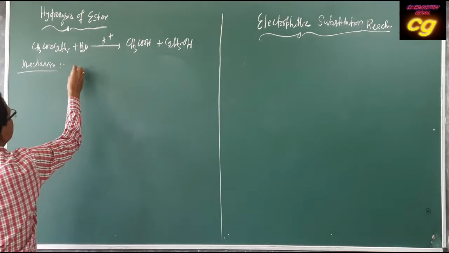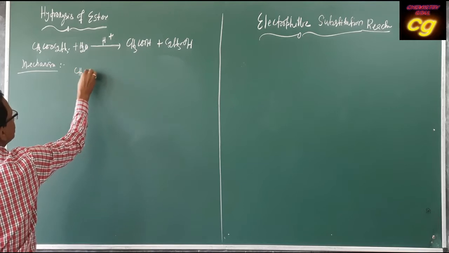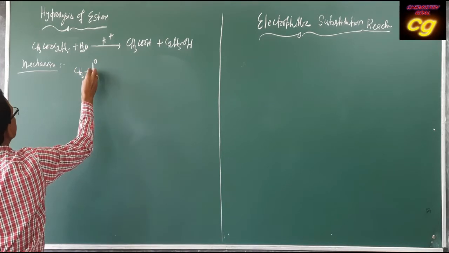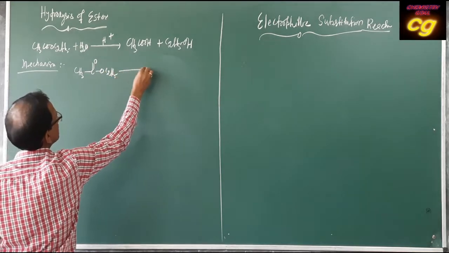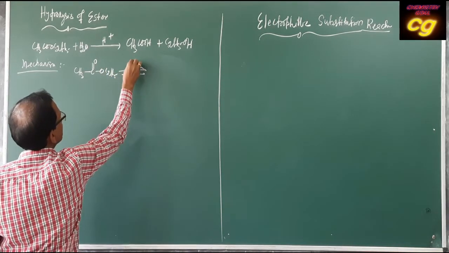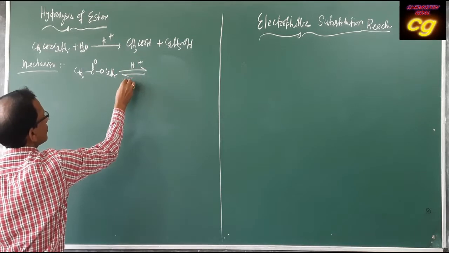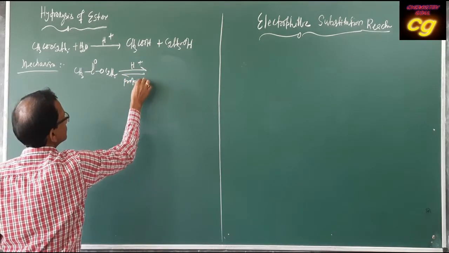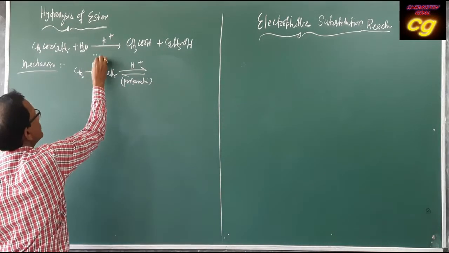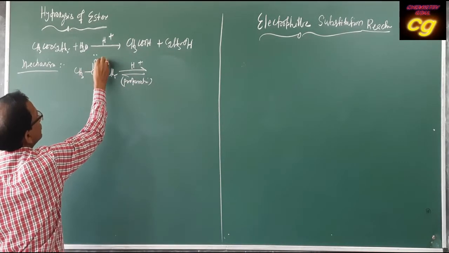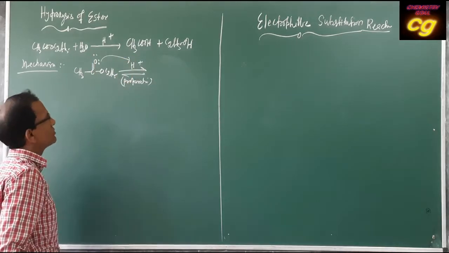Here, first step, ester. If you draw the structure of ester, this is your ester structure. Then this ester takes H plus, that is called protonation. Addition of H plus. Here, as it has a lone pair and carbonyl group, it will take H plus ion.